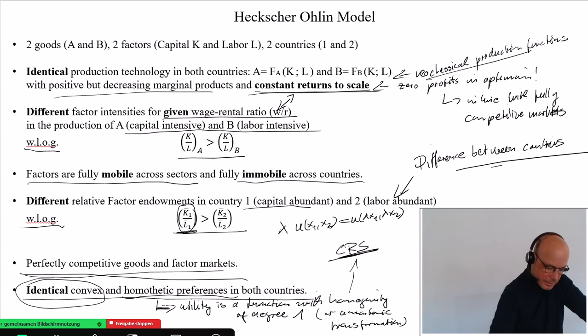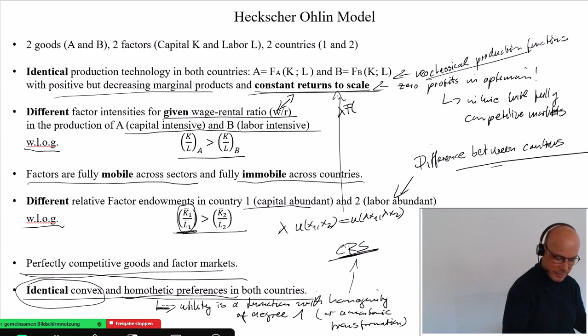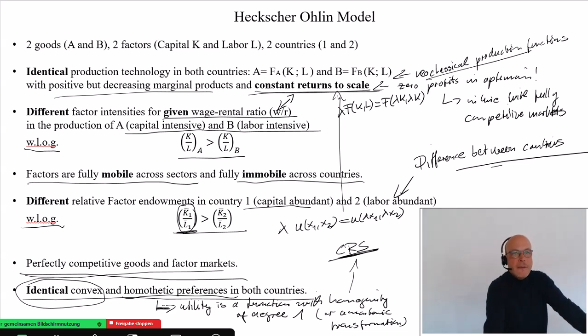So this is the same as the constant returns to scale, lambda f of K L, equals just doubling our inputs, multiplying both inputs with the same factor lambda.